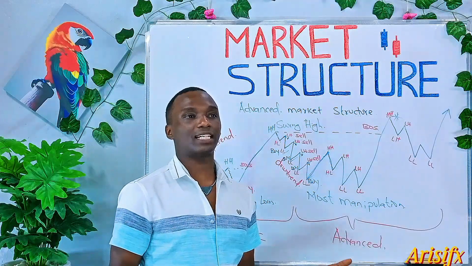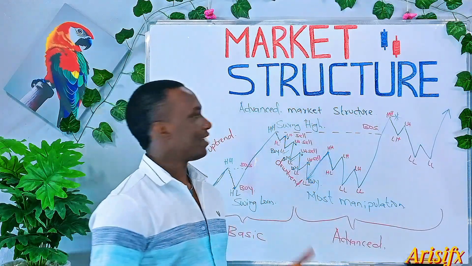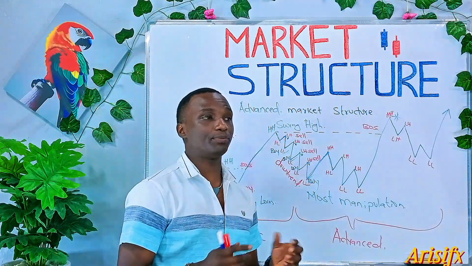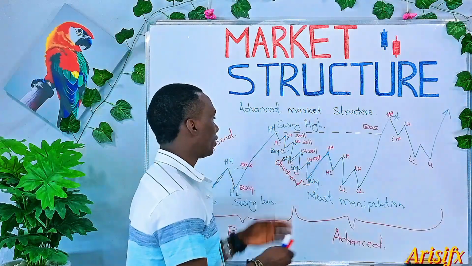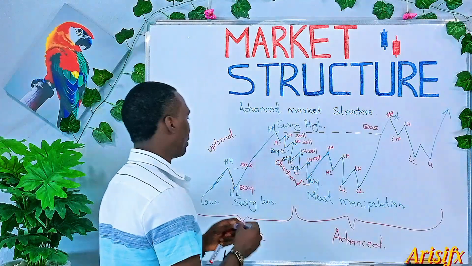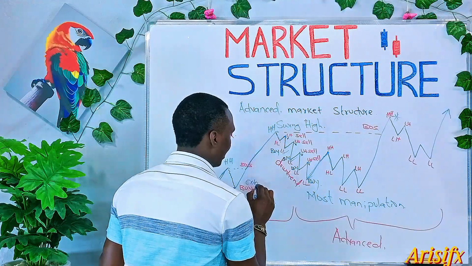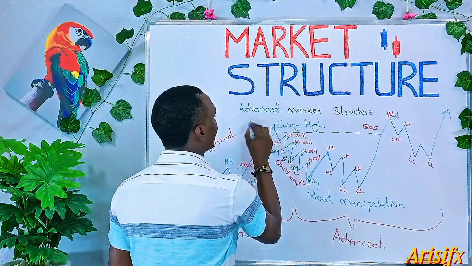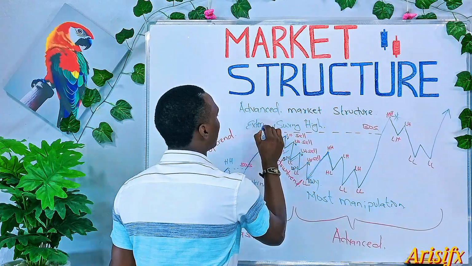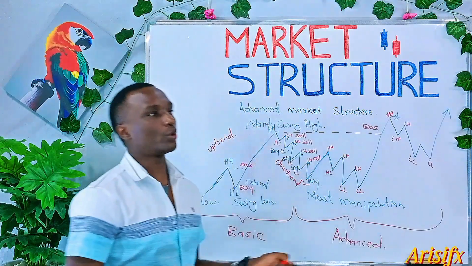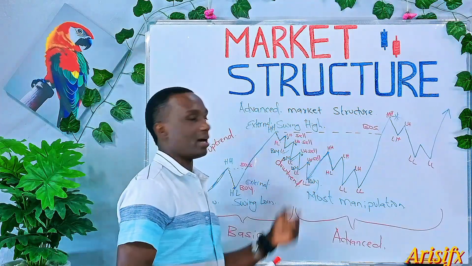Good. But just note that understanding the advanced market structure will help you to differentiate between internal swing points and external swing points. So this one is the external, this one is the external swing points, this one is the external swing points, while these ones are the internal swing points of the market.